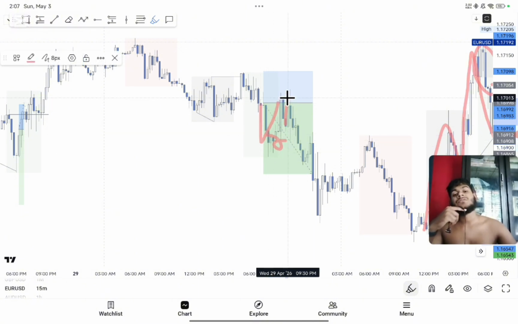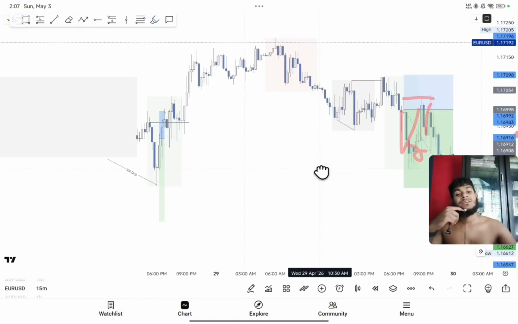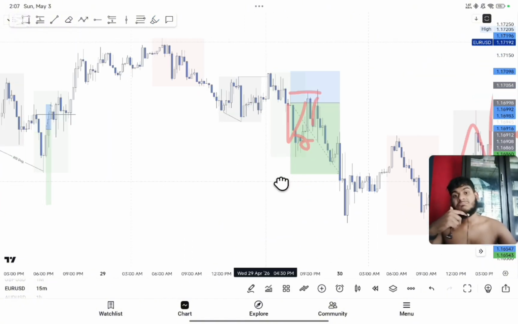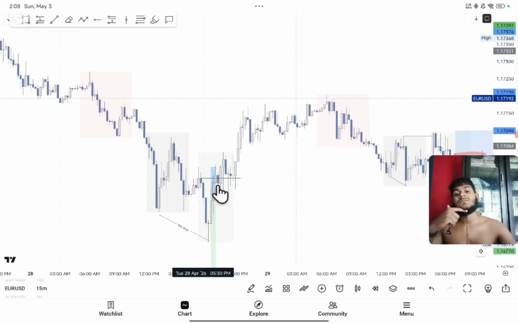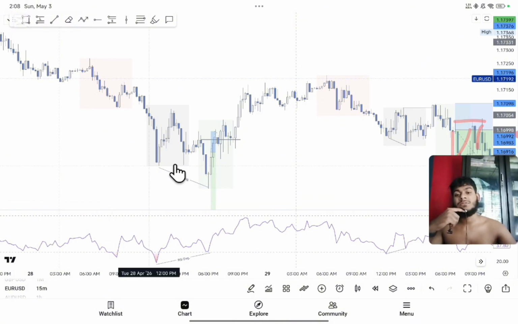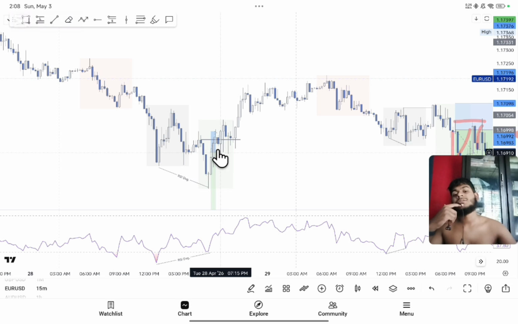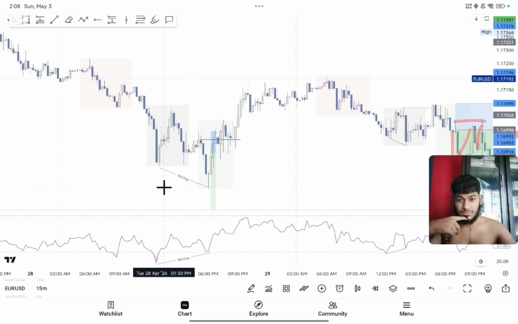My second entry got hit, and I also got out so fast because my asset was around this area. But my system worked on that day. I think this one, I would say it was a quick jump. I just suddenly jumped in as soon as I saw this break and retest. I was expecting a retest, but RSI was showing that there is a weakness in the sell move.